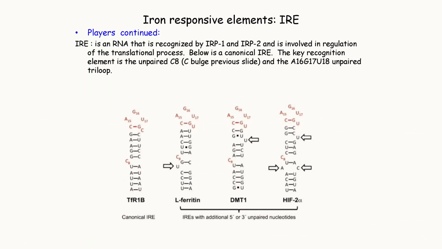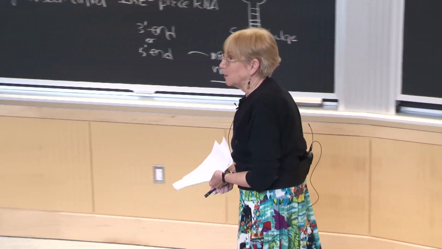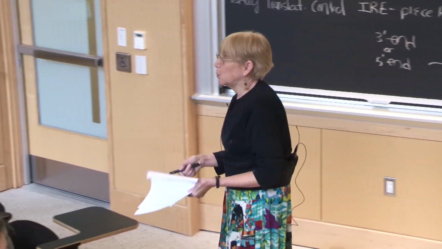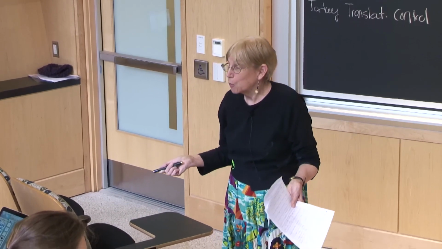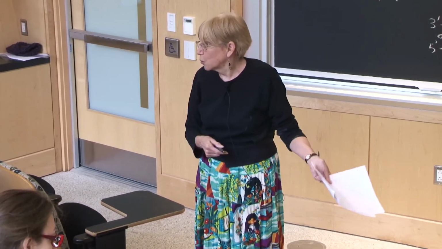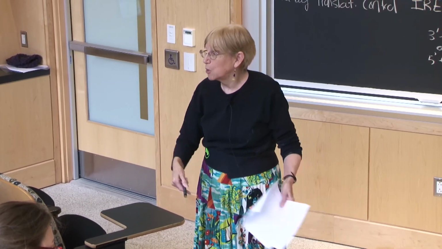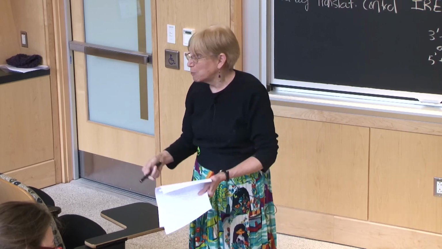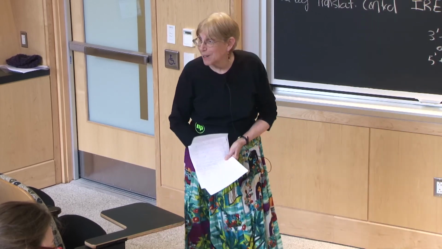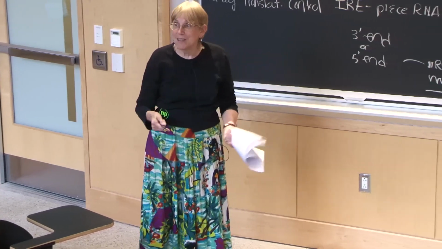So intuitively, you should ask the question, if you are at low iron, do you want to take up more iron? So you want to turn on the transferrin receptor. You want to turn on the DMT protein. So I think most of it makes intuitive sense.